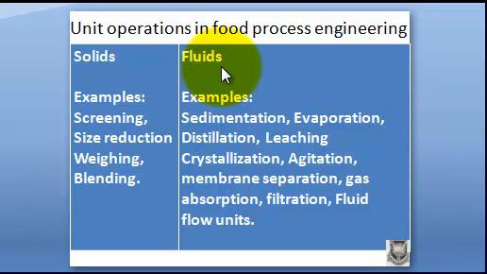Study of food process engineering is an attempt to analyze all forms of physical processing in the food industry into a small number of basic operations, which are called unit operations.